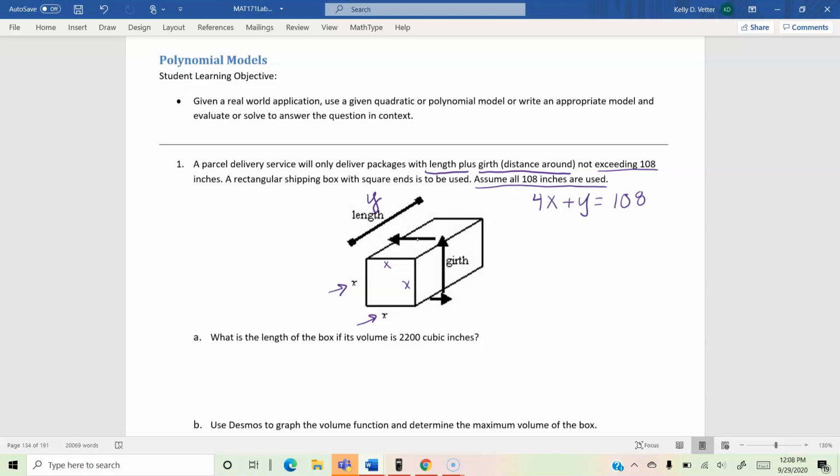So what we're doing now is setting up some algebra to represent the situation, which will help us to figure out the answer to some of these questions down here.